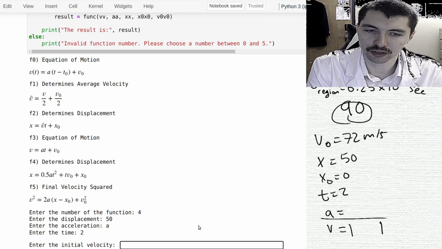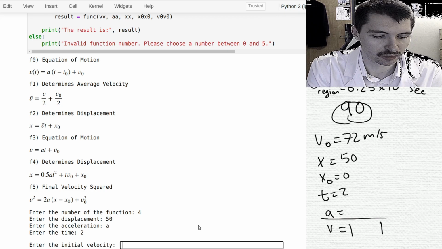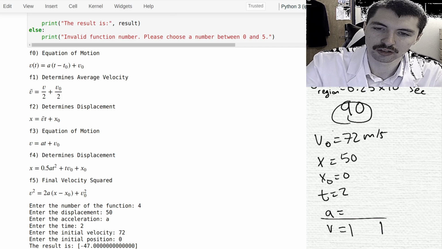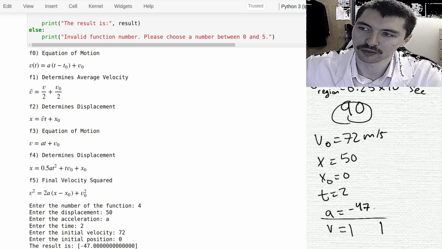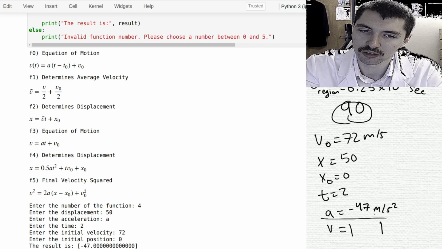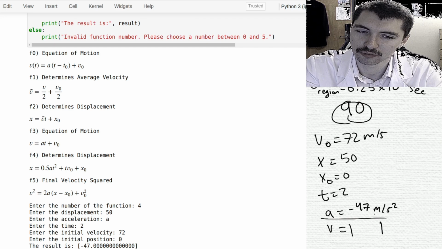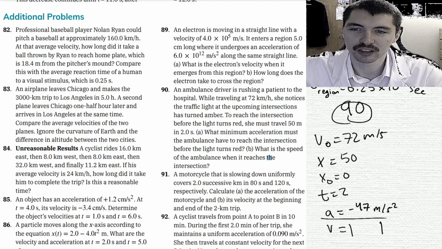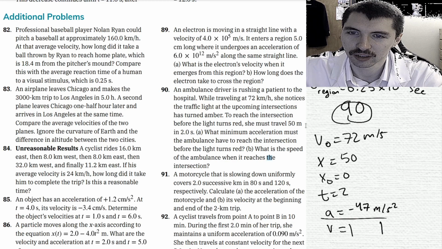I should check the units before I accept this answer. 72, initial position 0. So we're getting negative 47 meters per second squared. So, the ambulance. Does that make sense? I don't think so. The ambulance should be accelerating positively, right?